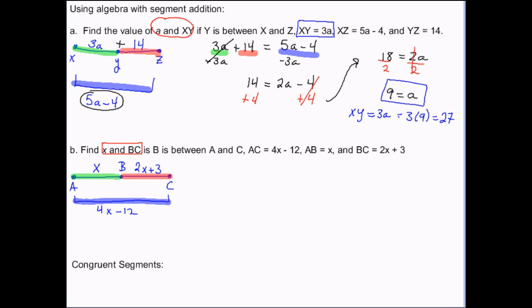Okay, so what I have is green plus red equals blue. Like that. So to set this up, green plus red, so I have x plus 2x plus 3. X was green, 2x plus 3 was red, is equal to 4x minus 12.